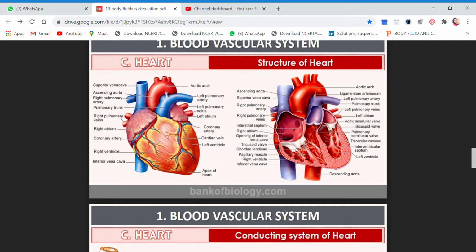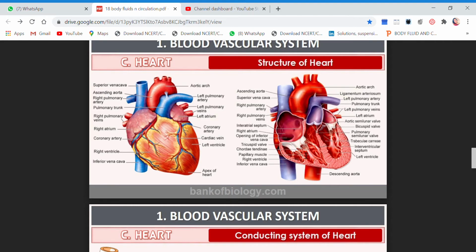Now the blood has only one way to go. In the right ventricle, the blood has only one way to go, and that is the pulmonary artery. And in the left ventricle, the blood has only one way to go, and that is the aorta. No other chance of movement.